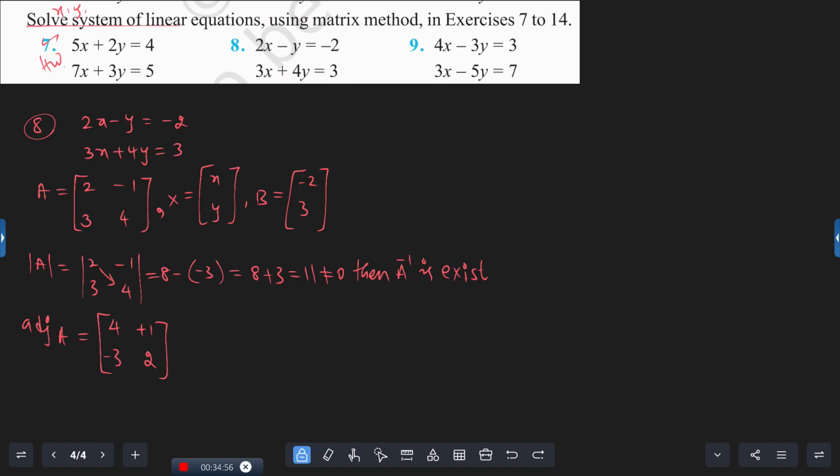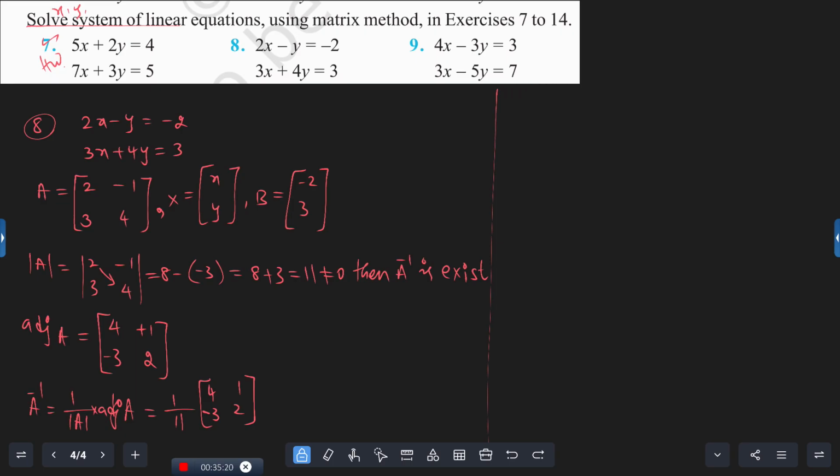This is my adjoint of A. Then A inverse equals 1 by determinant of A into adjoint A. That means 1 divided by 11 into 4, minus 3, 1, 2. That is my A inverse. After finding A inverse, we can solve the system of equations very easily.